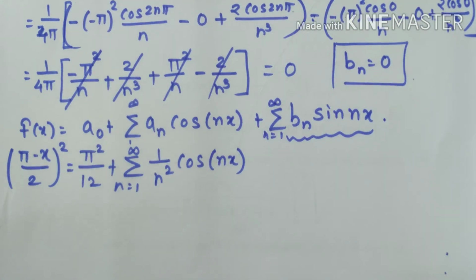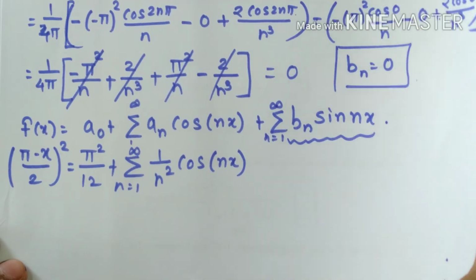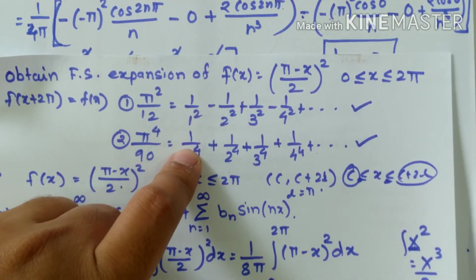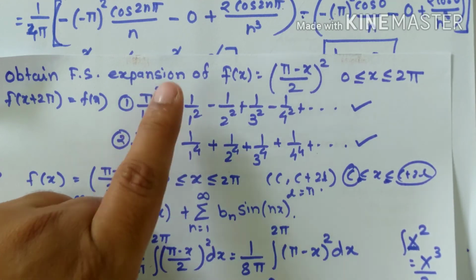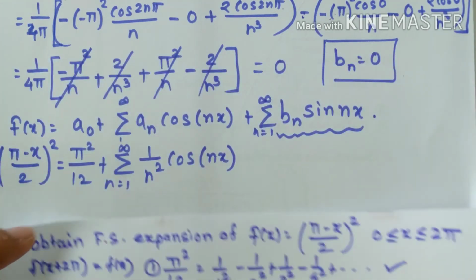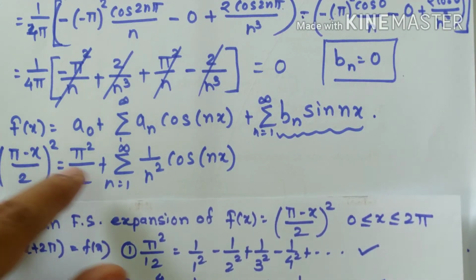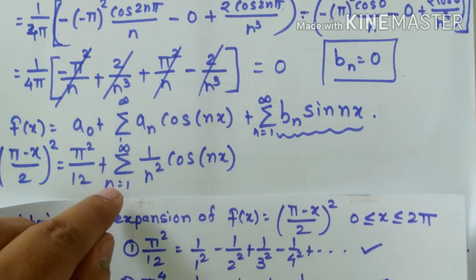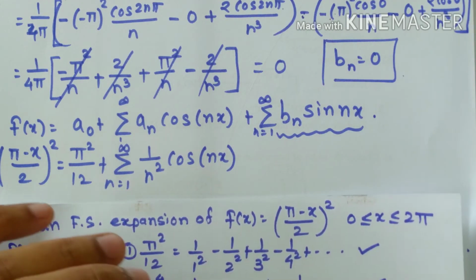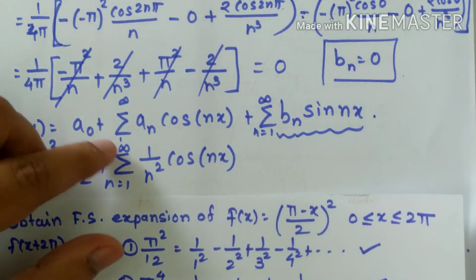Okay. Now, I'll just see what is given in the question. I need to find out these two series. That is a deduction of this particular problem. Hence, what I do, I'll simplify this Fourier series by replacing n by 1, 2, 3, 4, 5, 6 like that. Yes, this is up to infinity.